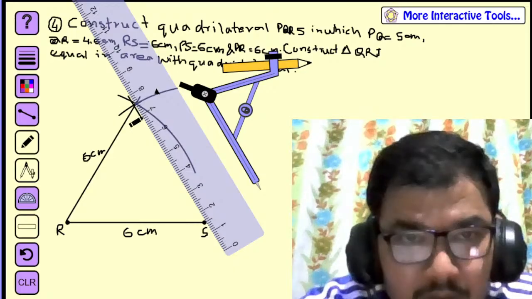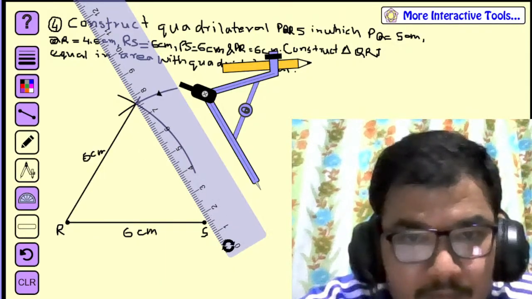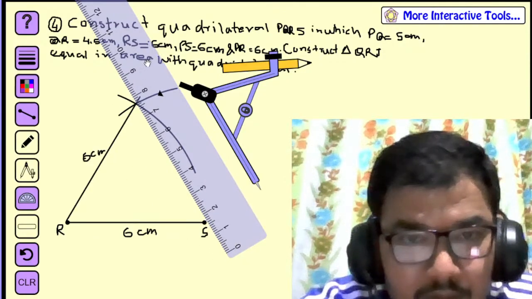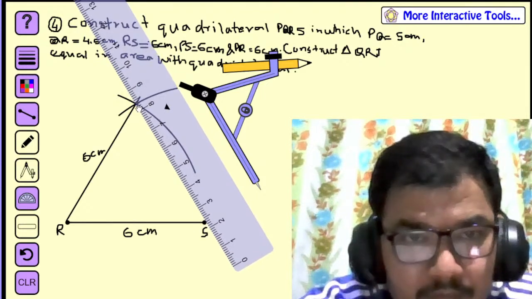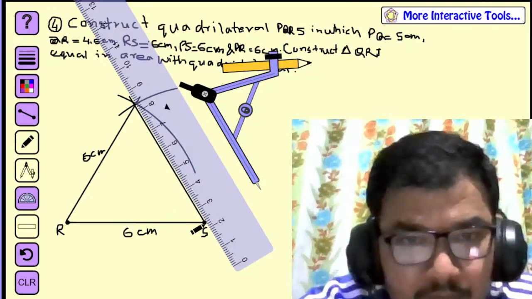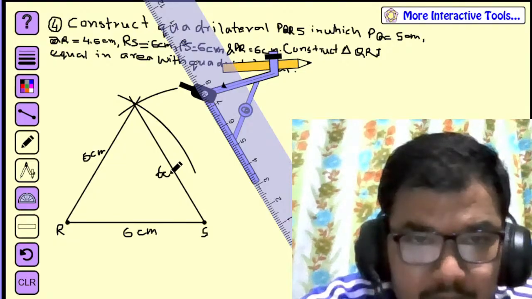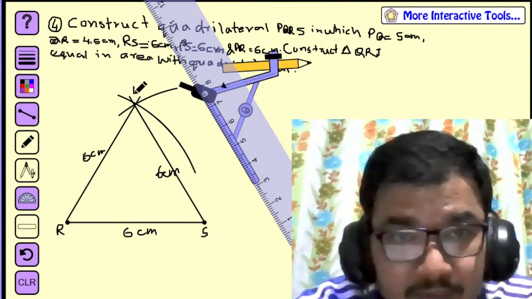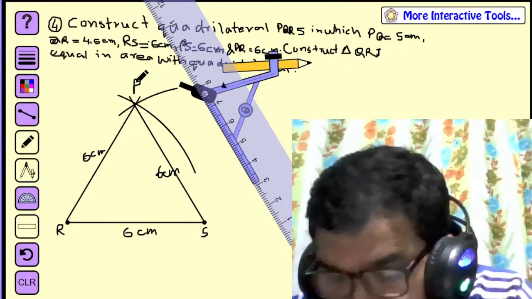Join it a little bit up, like this, okay, like this one. This is also 6 centimeter, right? Mention here 6 centimeter, and the name of this vertex is P.